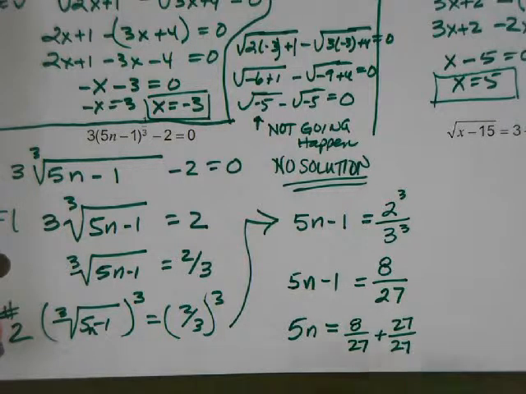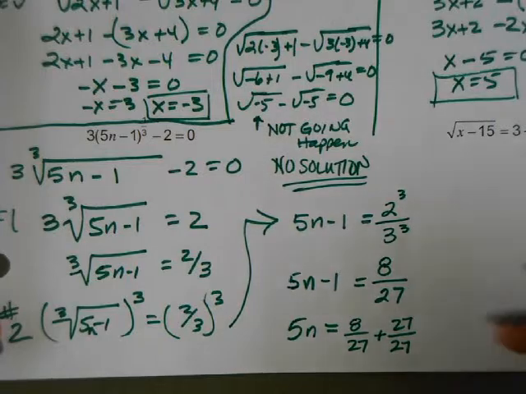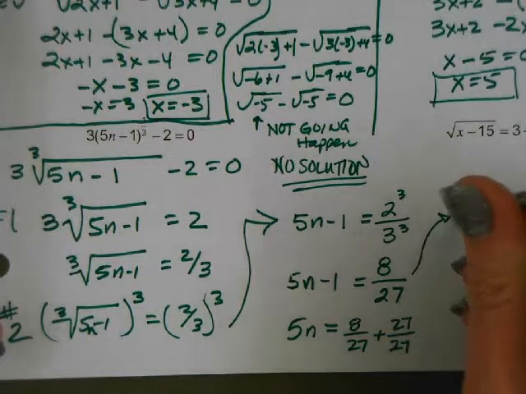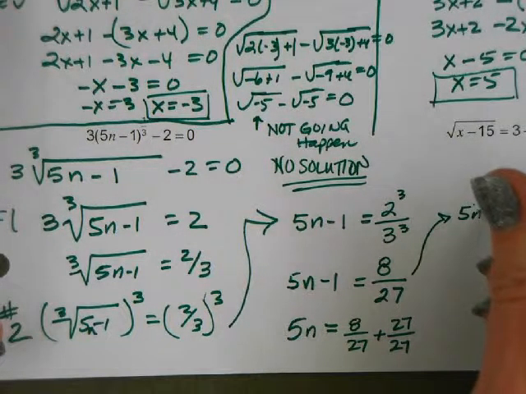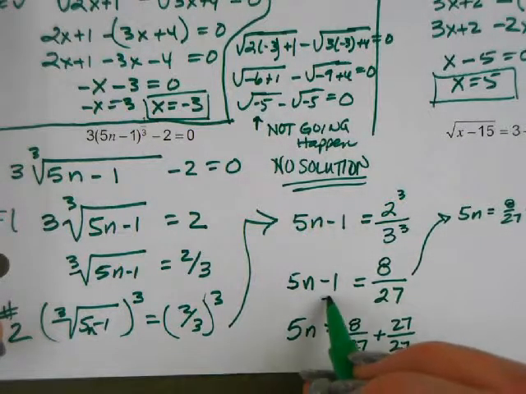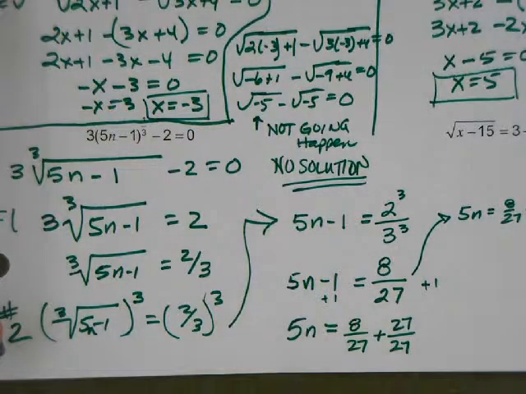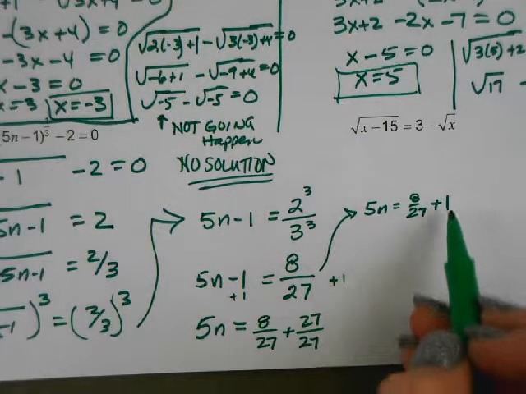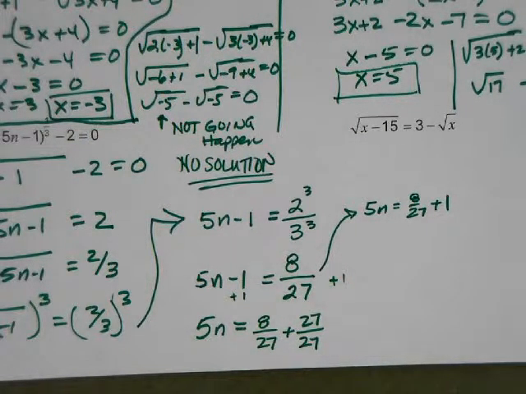And so I added 1 as 27 over 27, because you have to combine the 2. So I did 5n equals 8 over 27 plus 1, because I did a plus 1 here, I do a plus 1 here. Okay? But 1 is really 27 over 27, because I have to combine the 2. Right?